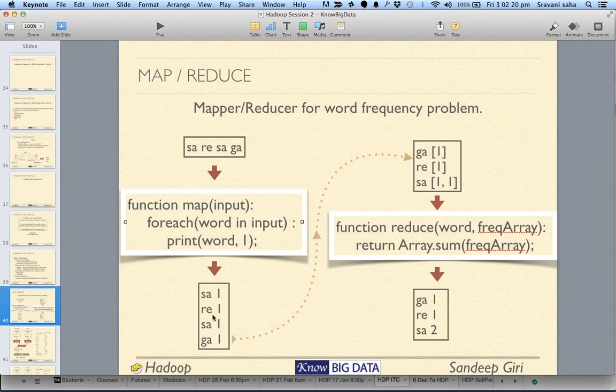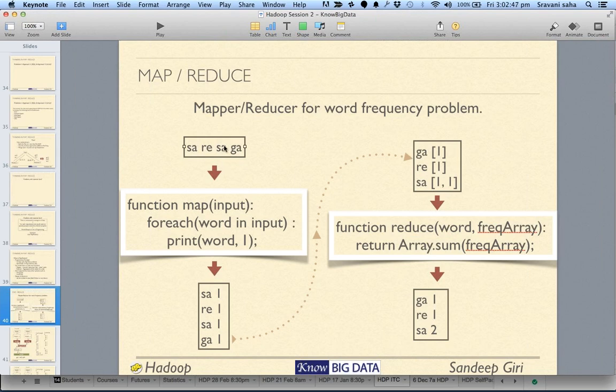now once I'm done with it, we wrote another function called reduce, which provides you two parameters. One is word, other is array. The word which you gave out here, and here's the array, and all you do is you sum it up.